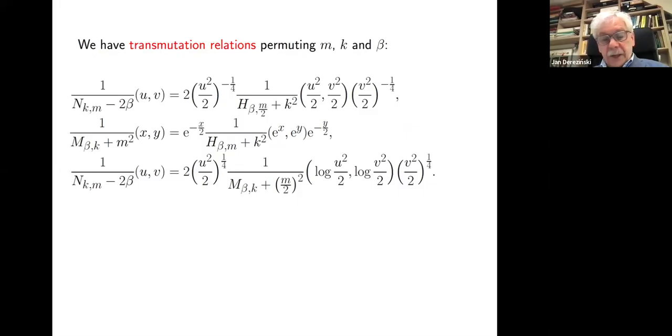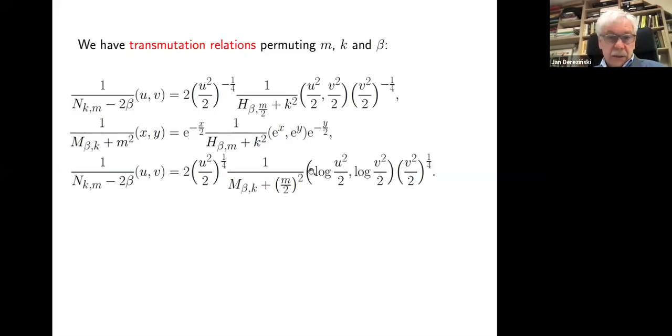So we have three Green functions, and you can pass from one Green function to the other, essentially by permuting the three parameters. The parameters are k, m, and beta, and you choose two of them as the parameters of the Hamiltonian, and the third parameter as the spectral parameter, and then you write the Green functions, and you can pass from one to the other.